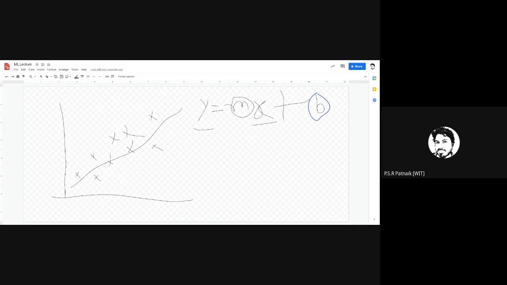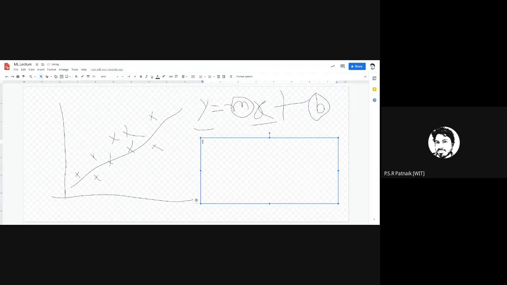So what is the error metric? How are we measuring the error here? We are measuring the error by the error function, which we also call the cost function. So what is the cost function we are talking about?